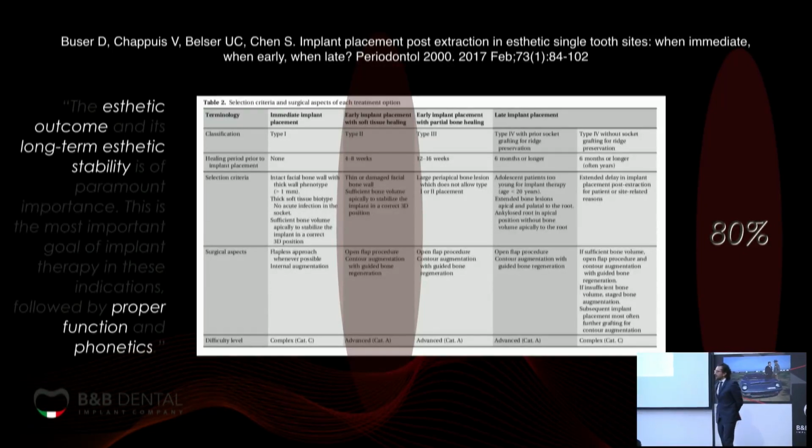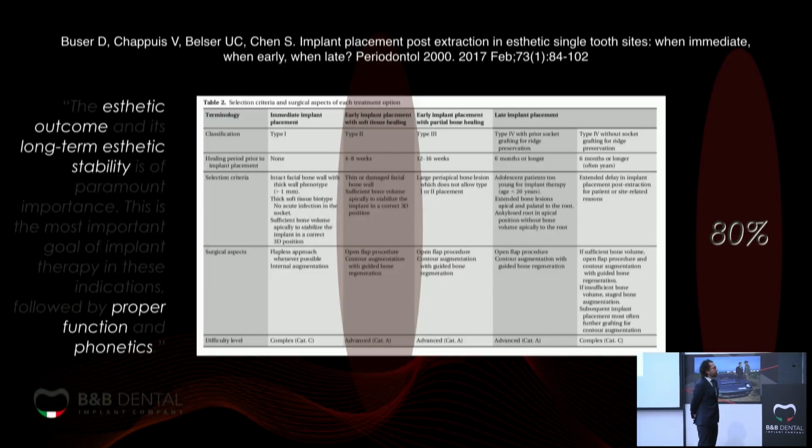In my practice, actually, I do a lot of immediate implants and immediate loading, but still, in 80% of the situations where we already lost the tooth, this is the situation that we deal with.